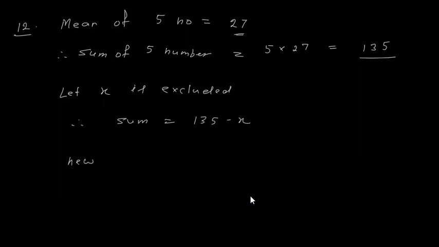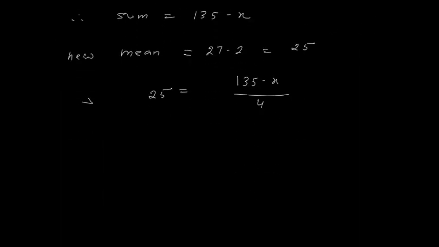The new mean is 2 less than 27, that is 25. So 25 equals 135 minus x, divided by 4, because now I have only 4 numbers.